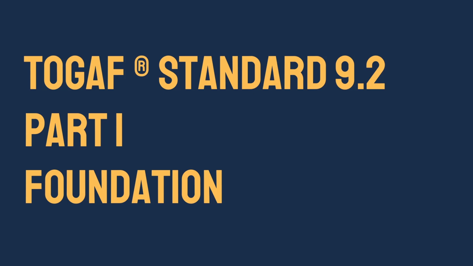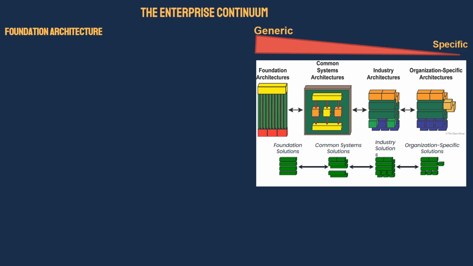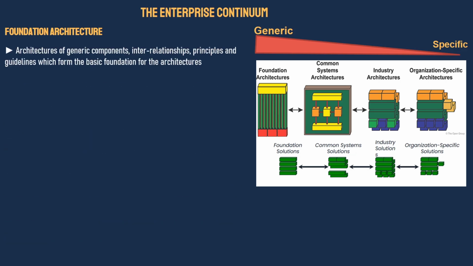Let's explain it once again in a fresh manner. Foundation architecture: architecture of generic components, interrelationships, principles, and guidelines which form the basic foundation for the architectures, on and from which more specific architectures and architecture components can be built.